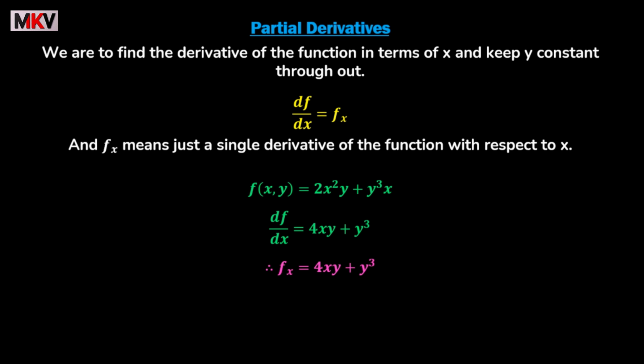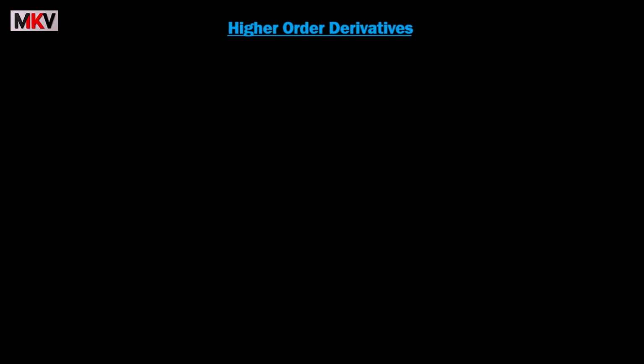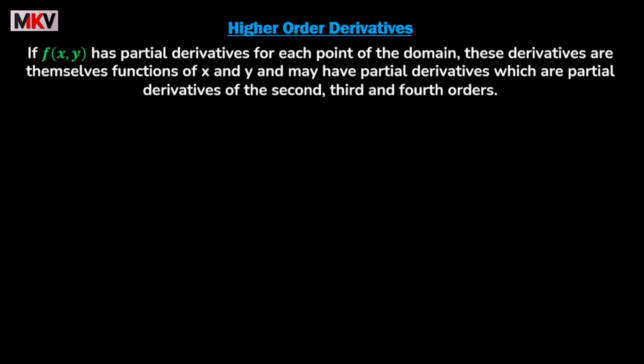Now, there can be scenarios where higher order derivatives can be determined from the function, such as f sub xx, f sub yx, f sub xy, f sub yyx, and so on. We will look at how these higher order derivatives are determined. If f has a partial derivative at each point of the domain, then these derivatives are themselves functions of x and y, and may have partial derivatives which are the partial derivatives of the second, third, and fourth orders.